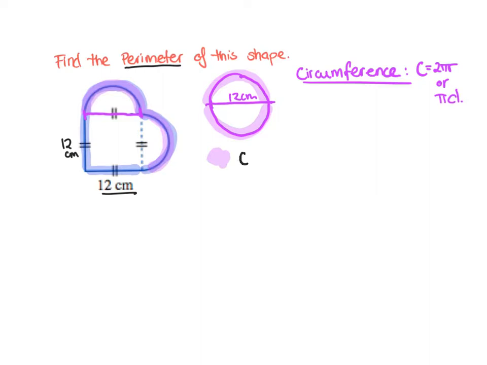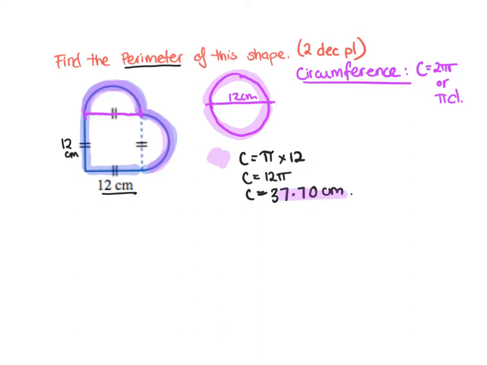I'm going to say circumference equals pi times 12, because I'm using pi times d. So we get 12 pi, or once again, I might change this to 2 decimal places. So 12 times pi, and I get 37.70 centimeters. So that is just for the purple bit.